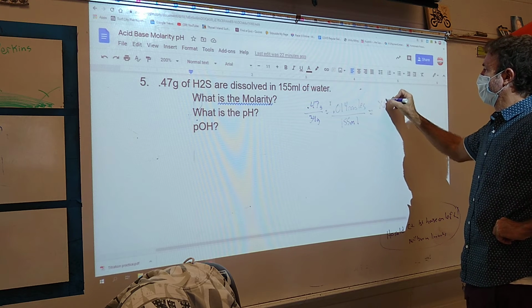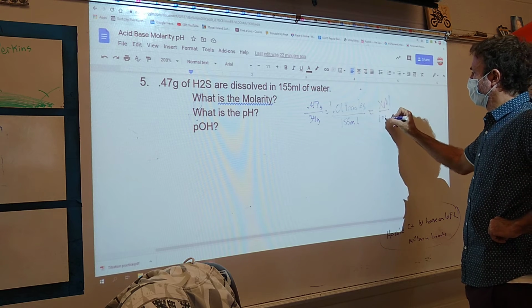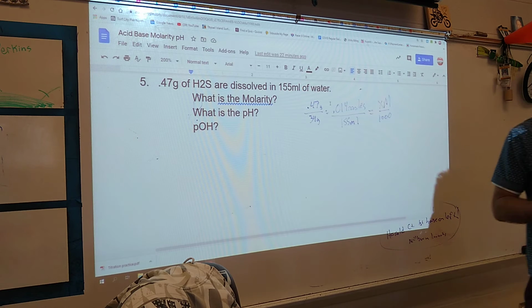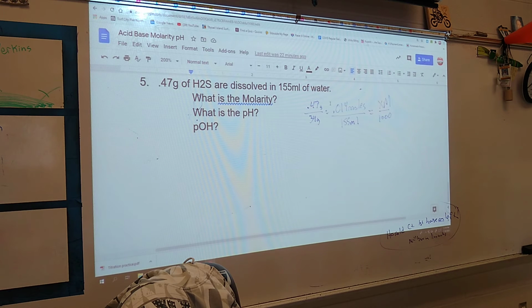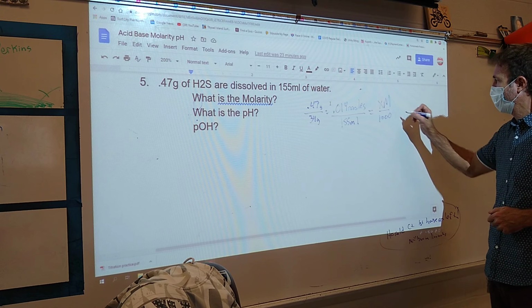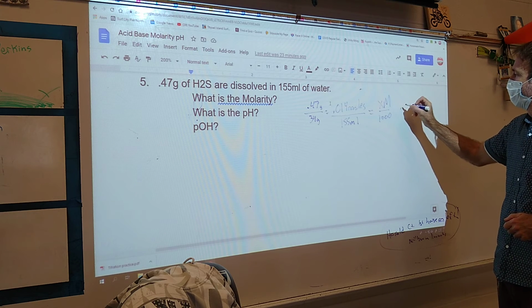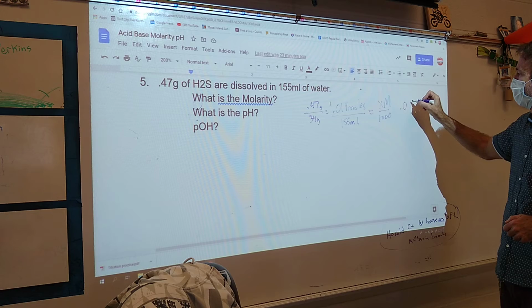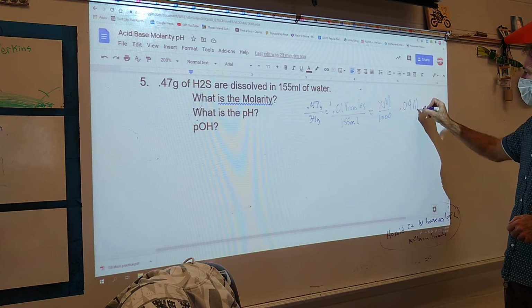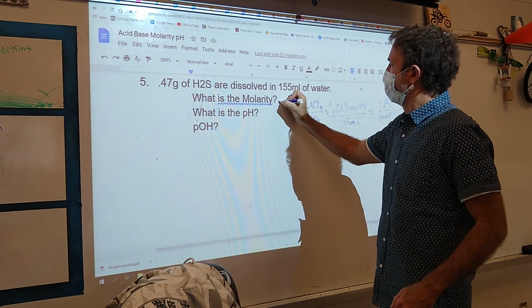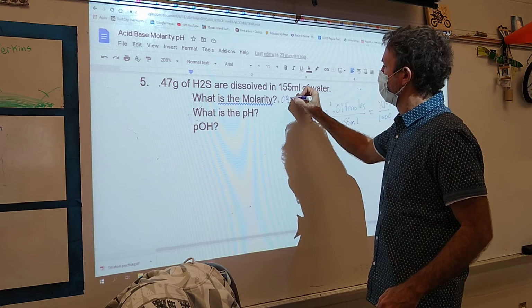That would be like how many moles per 1,000? That's how we calculate the molarity. So we'll say times 1,000 divided by 155. And I get 0.089. 0.09 molar.